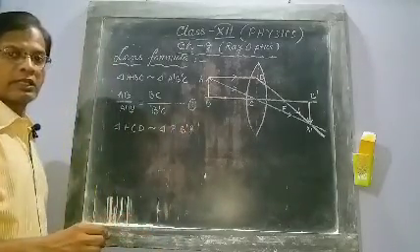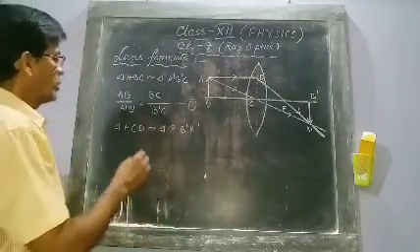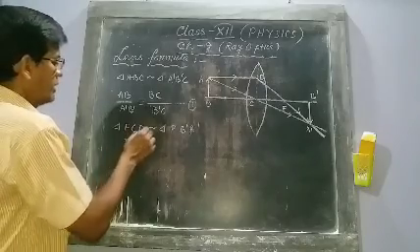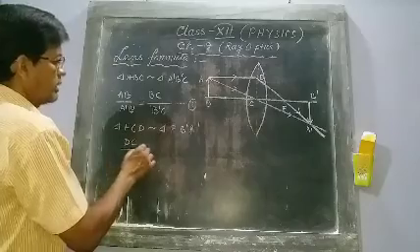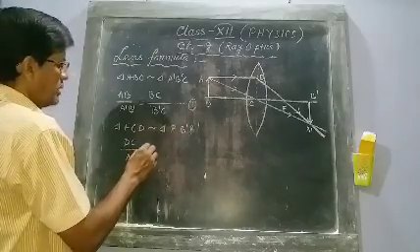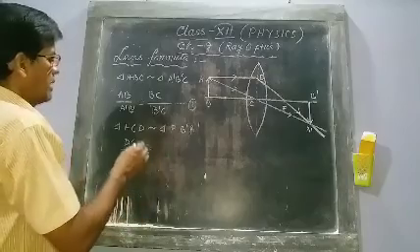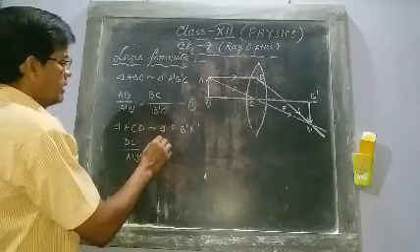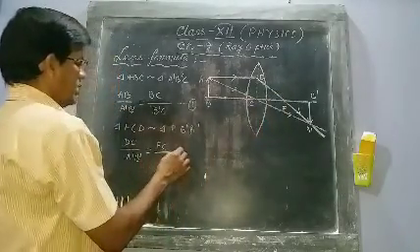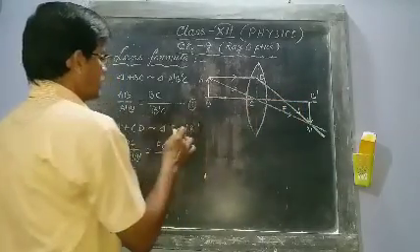So again the ratio will be the same: DC by A dash B dash equals FC by FB dash.